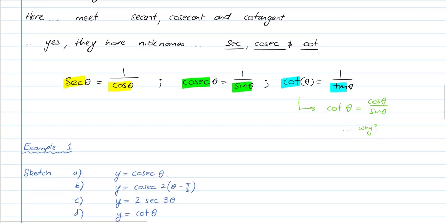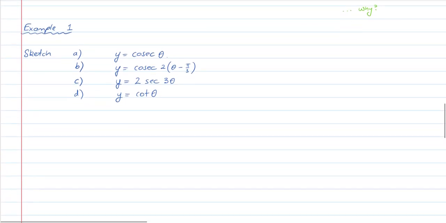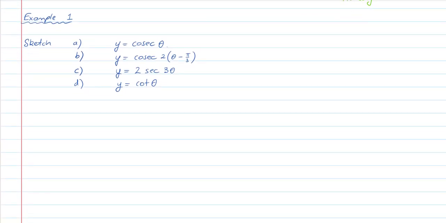Anyway, let's have a look at some sketching examples. So here is sketching cosec 2 theta minus pi on 3, 2 sec 3 theta, and cot theta. And we're going to do these by first referencing the original functions. So remember, this is equal to 1 over sine theta.